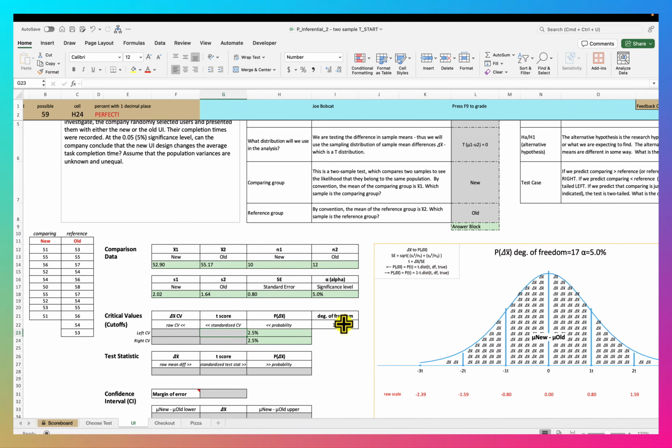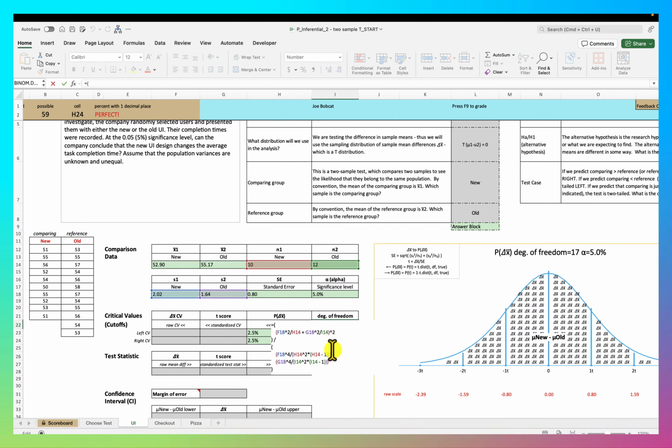Alright, and then now, it's a t-test, and you need degrees of freedom on a t-test. Before, it was really easy to get the degrees of freedom, because you just took the sample size minus 1, but if you look at this formula, which we've given to you, you don't have to type it, it's a lot harder to get the degrees of freedom on a two-sample test.